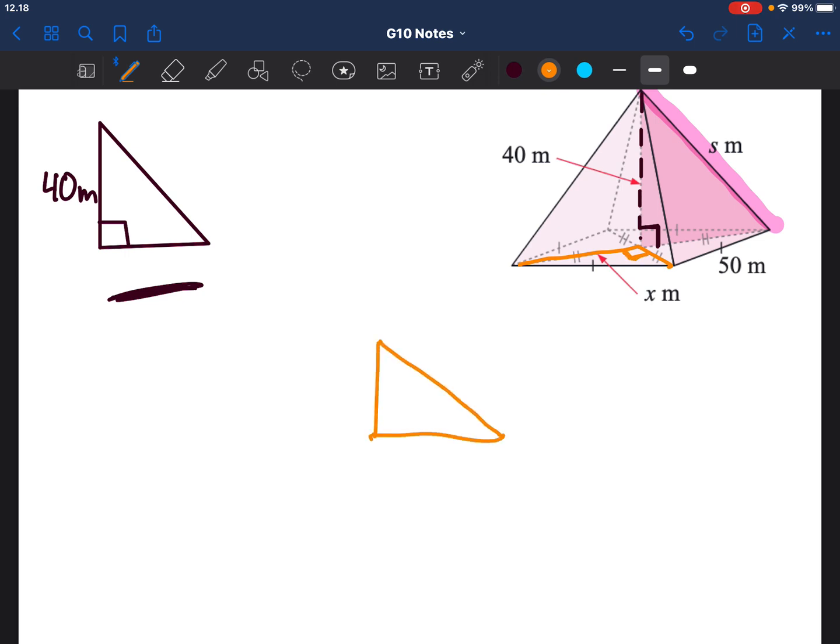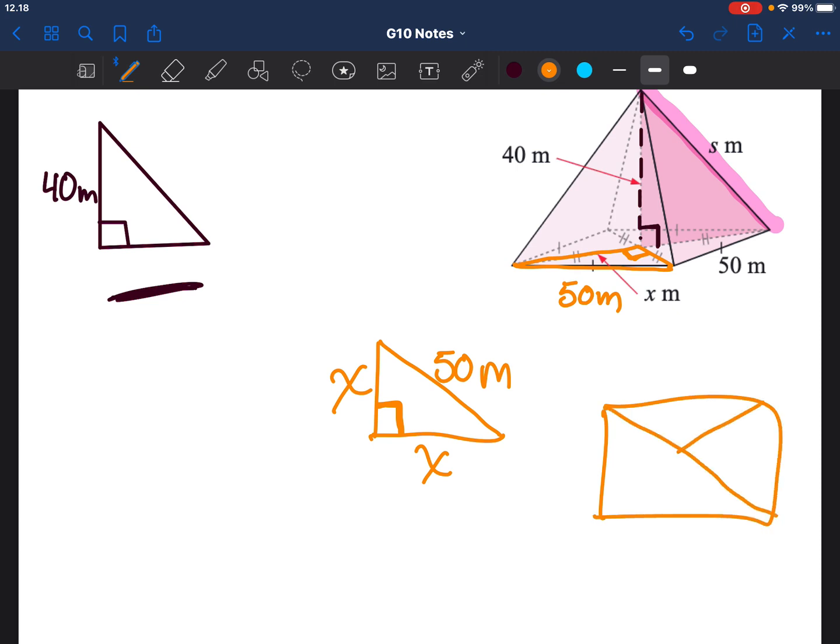So x, once again, is here, and the hypotenuse is 50 meters. This is 50 meters. And we know that the diagonals of a square, these are the same length. So that means the legs are x's. Perfect. Alright, so let's find the x's here.